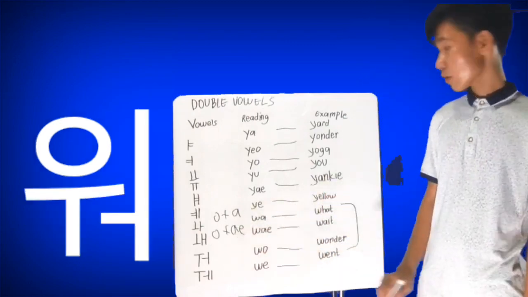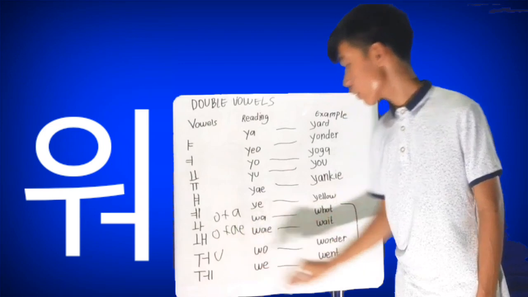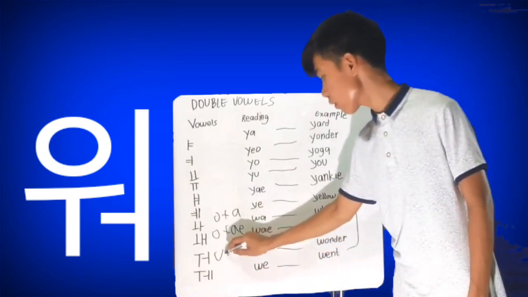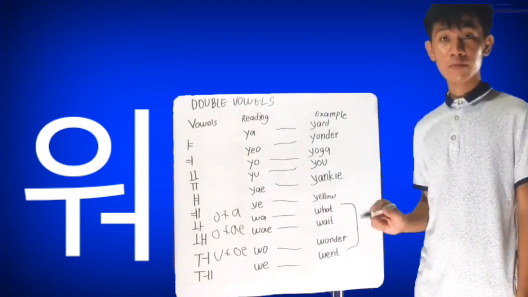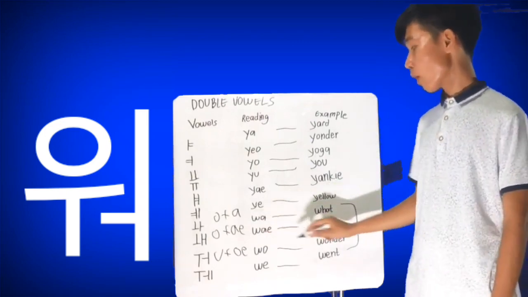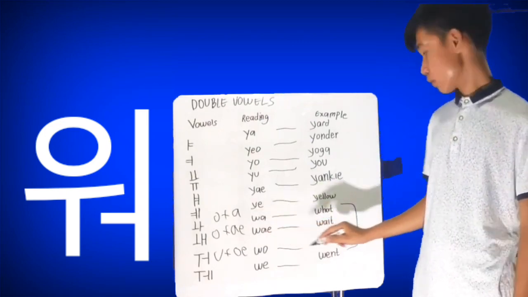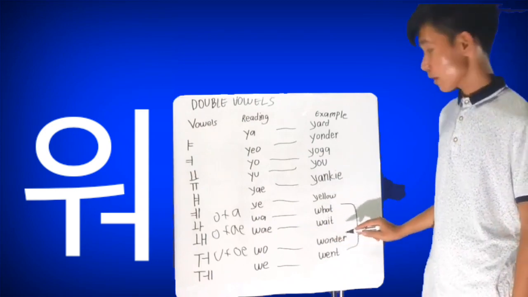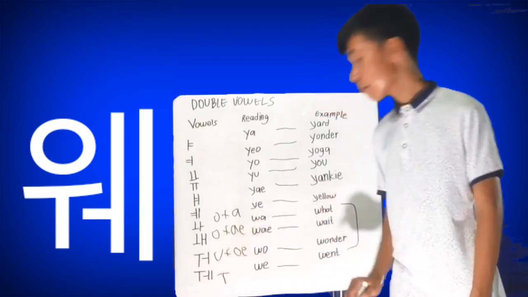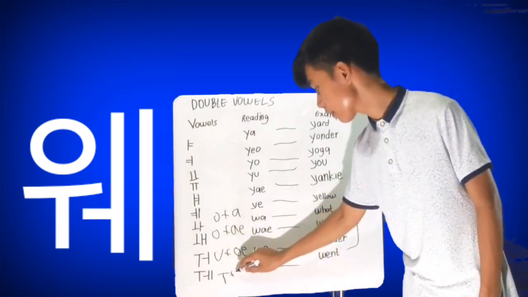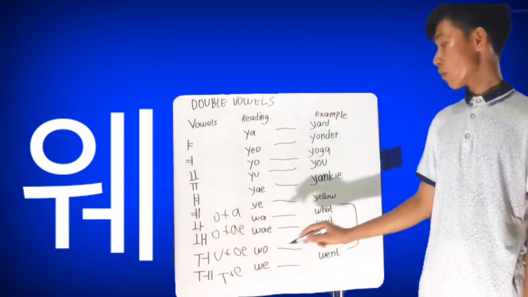Basically, it's a combination of U plus O. If we pronounce it fast, wo. Wonder. Then the last one, it's a combination of U plus E.